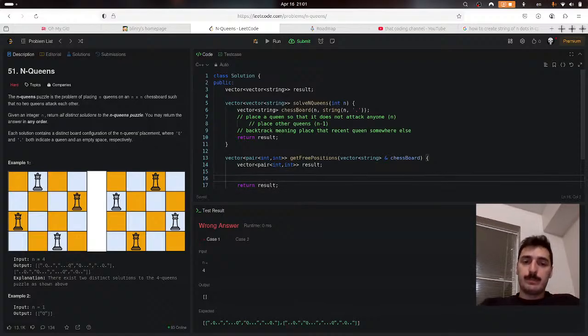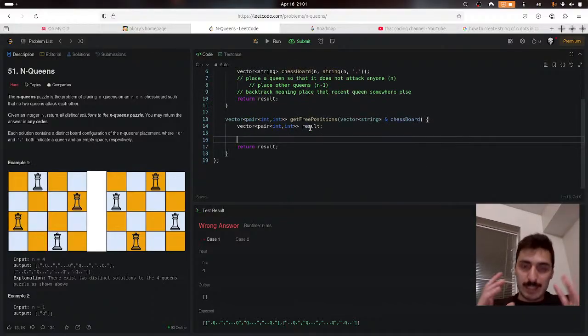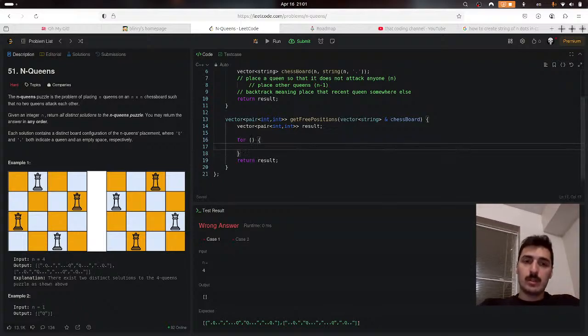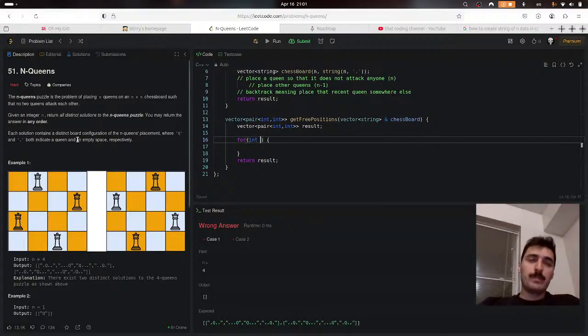Right, this is a skeleton of our function. We need to iterate for horizontal. This is y, right?